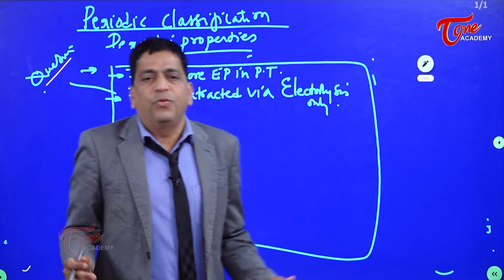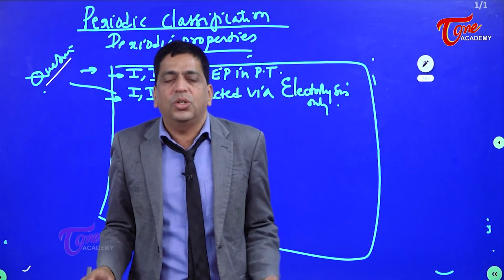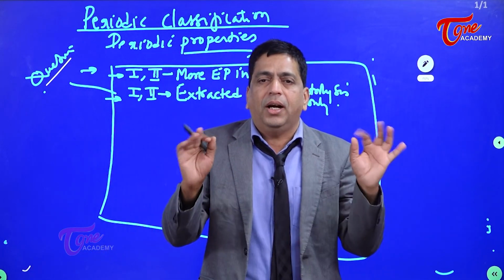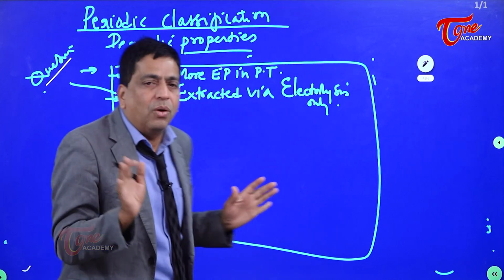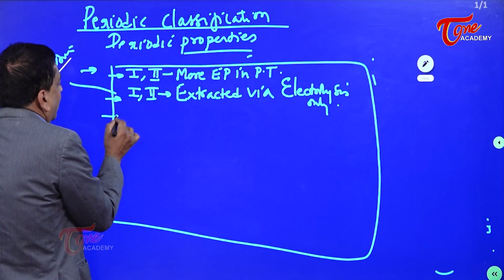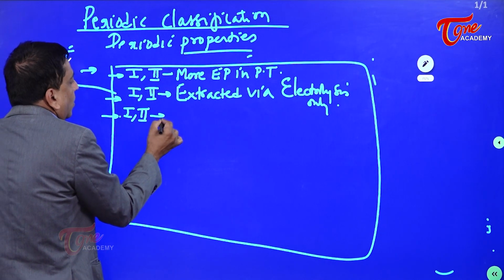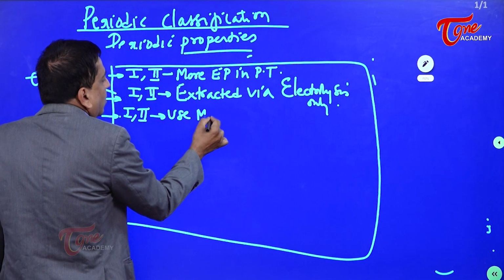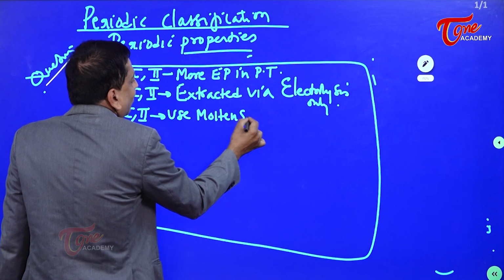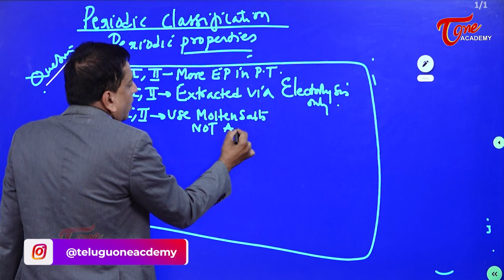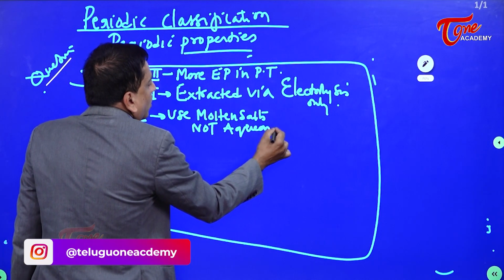So if asked which of the following elements uses electrolysis as the method of extraction, the answer must be electrolysis. Third thing I wanted to quote is that first and second groups use molten salts, and you don't use aqueous salts.